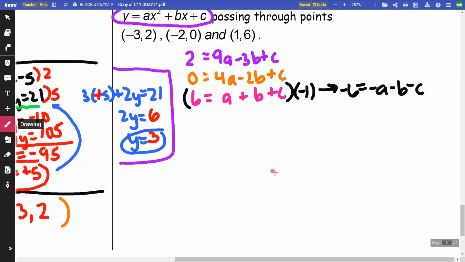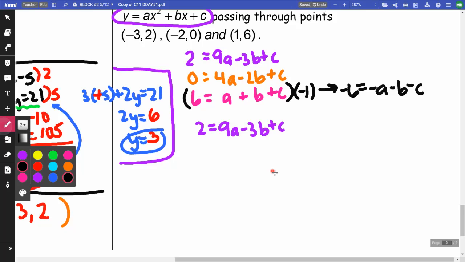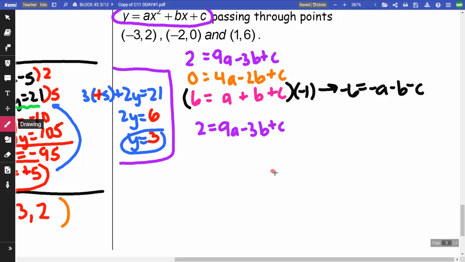So if I use the purple one, I'm going to get 2 is equal to 9A minus 3B plus C. And I'm going to use it with this one that I now wrote in black. -6 is equal to -A minus B minus C.